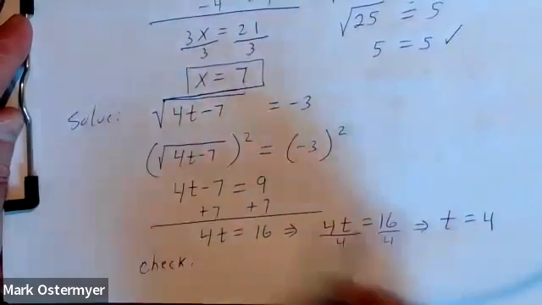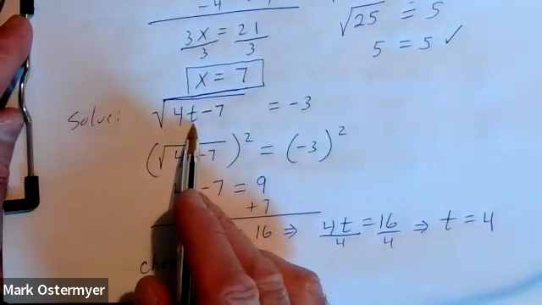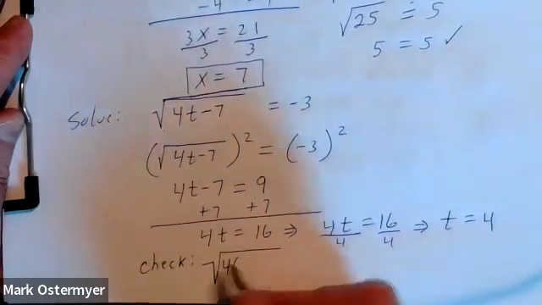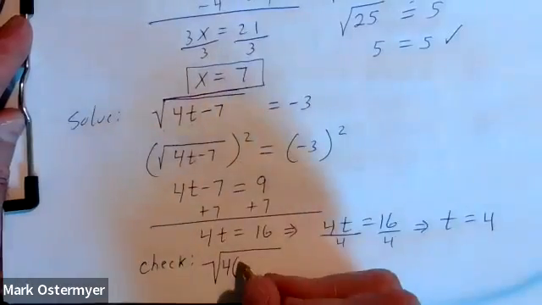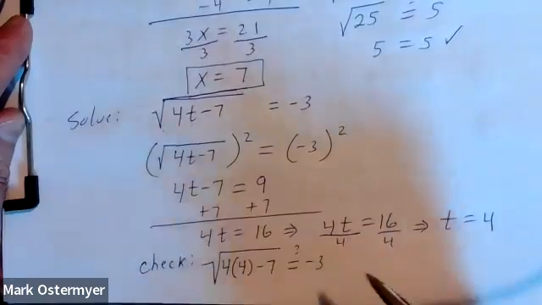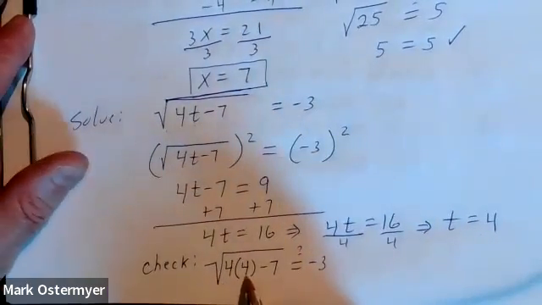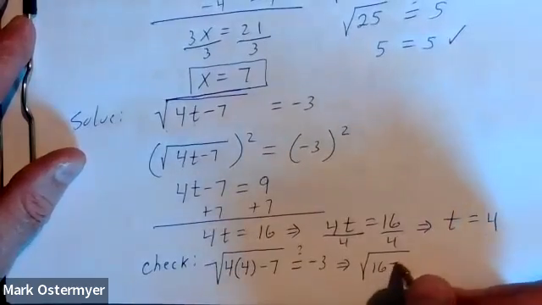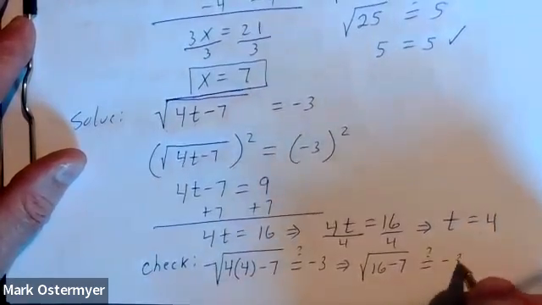So we're going to put 4 back into the original equation for t, and we're going to see if 4 satisfies the equation. So is the square root of 4 times 4 minus 7 equal to -3? Well, 4 times 4 is 16, and therefore we have the square root of 16 minus 7. Is that equal to -3?